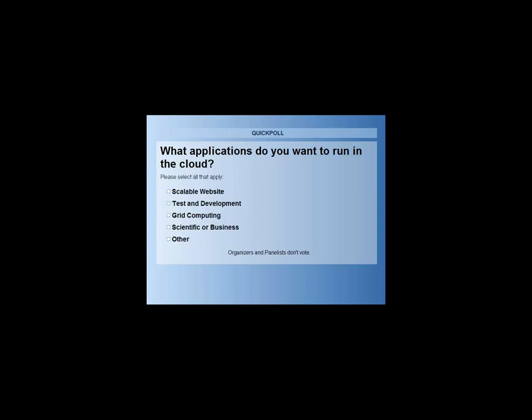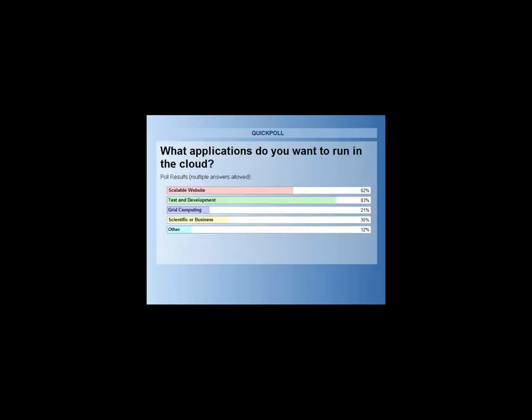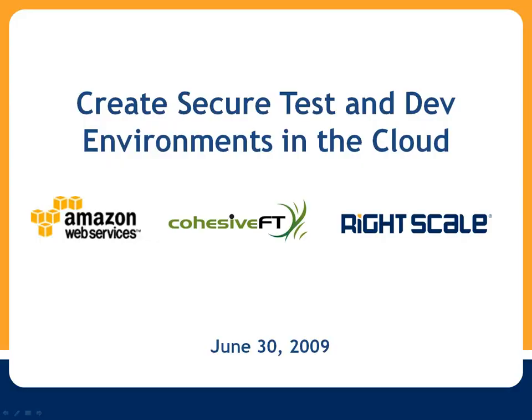A lot of people now are doing scientific research or just general business applications. Some BI applications we're starting to see on the cloud. Okay, so it looks like we have a lot of people interested in test and dev, and then the scalable website would be the second.